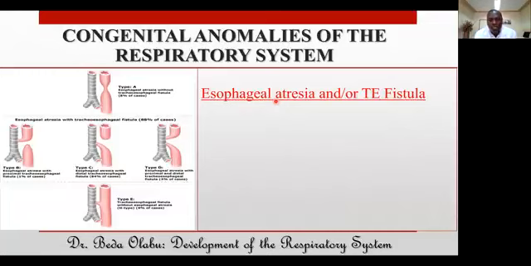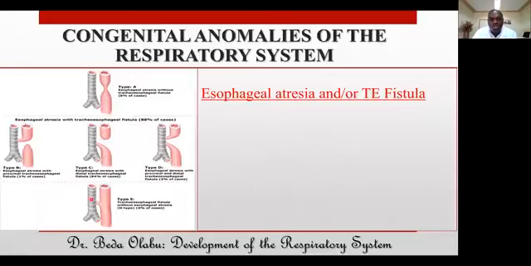This happens if the septation of the foregut, remember I told you that the lower respiratory system comes from the foregut, just like where the esophagus also comes from. So it means that we need to separate trachea and esophagus at some point during development. If that separation does not occur properly, then we can get abnormal communication between the trachea and the esophagus.